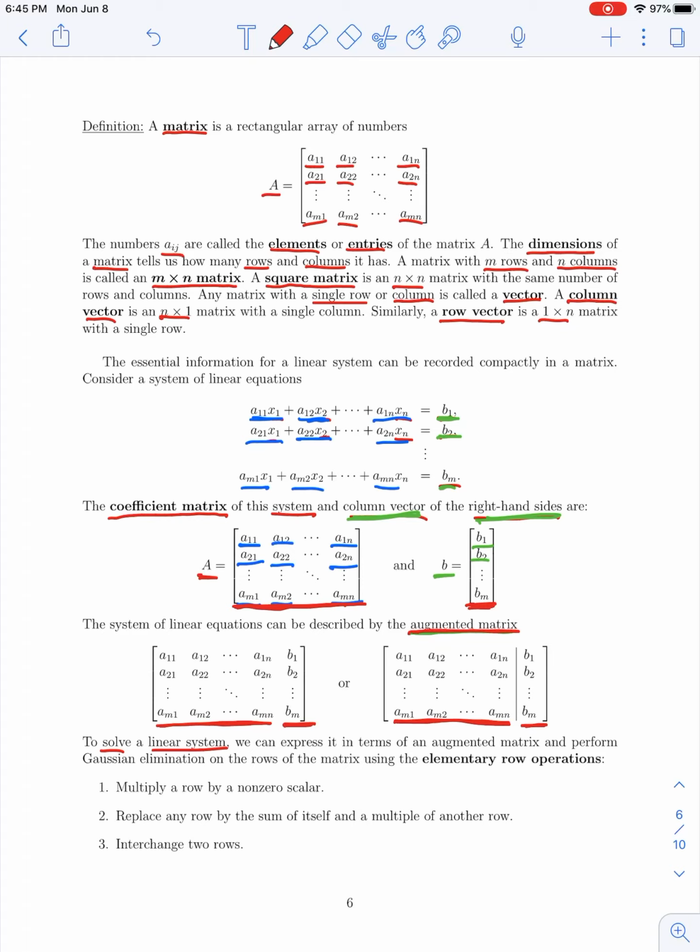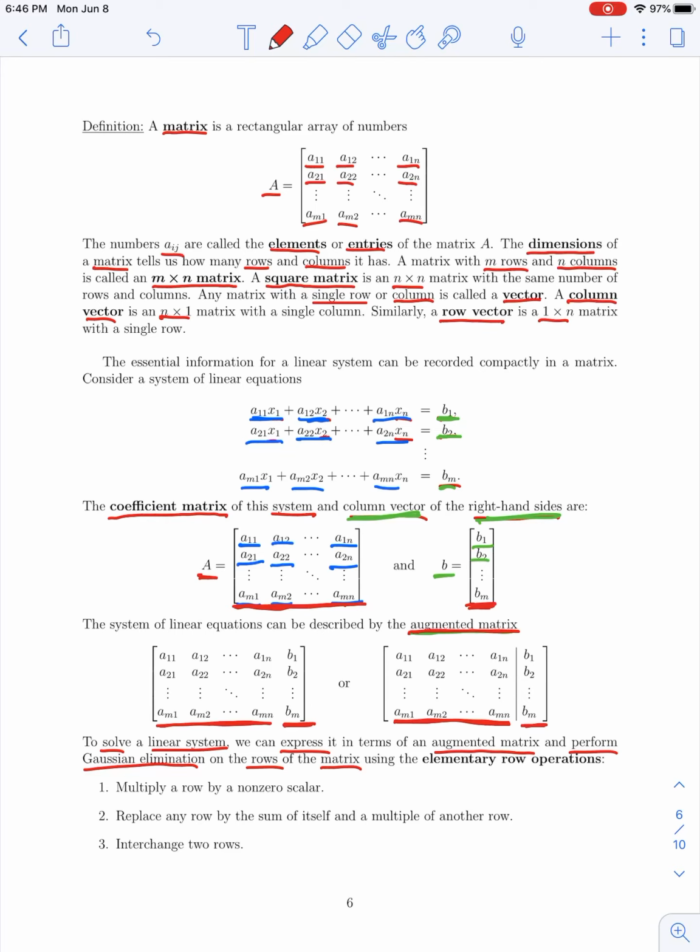So now that we know that we can express a system in terms of a matrix, we could simply express our system in terms of an augmented matrix and then perform Gaussian elimination on the rows of our matrix, because each row of this augmented matrix corresponds to an equation in our system, and we're wanting to perform Gaussian elimination on that system of equations.